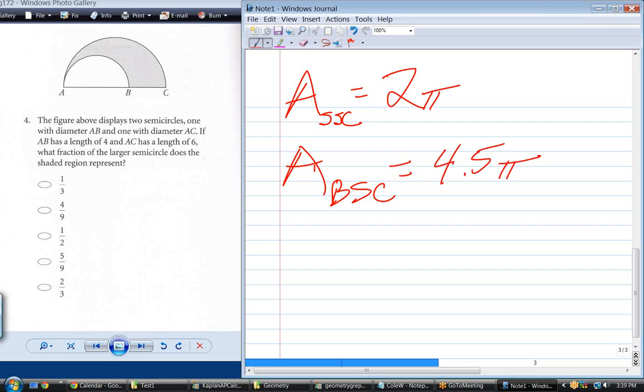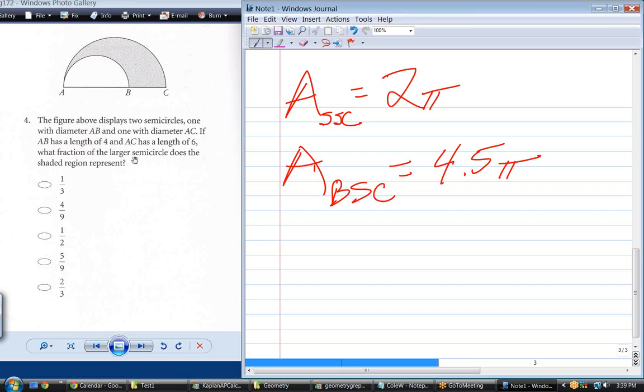Subtraction. Yes. So what is this shaded region going to be? The area of the big semicircle minus the area of the small semicircle, 2.5 pi.